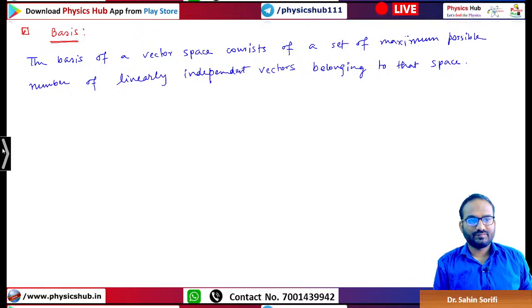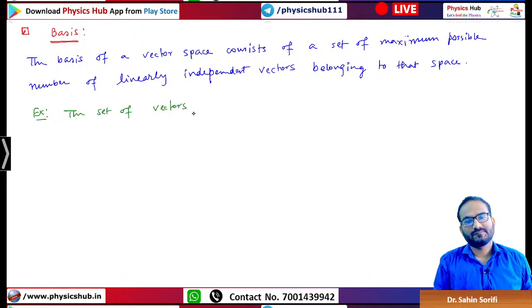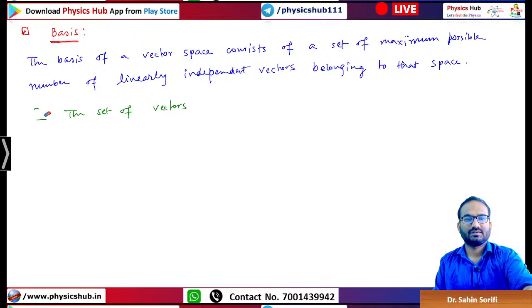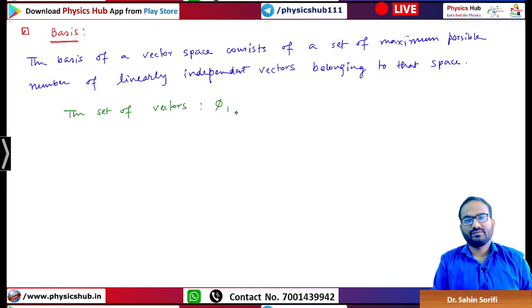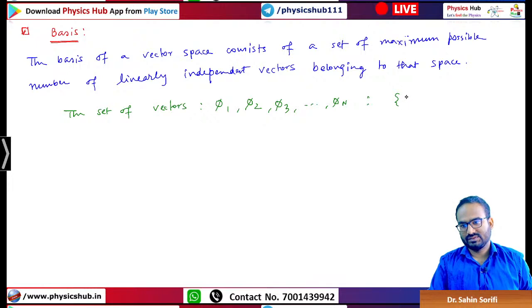So what we do, let's say we have these basis vectors, the set of vectors. Let's say phi 1, phi 2, phi 3 and up to phi n are there. So we represent it in short within the second bracket as phi_i.